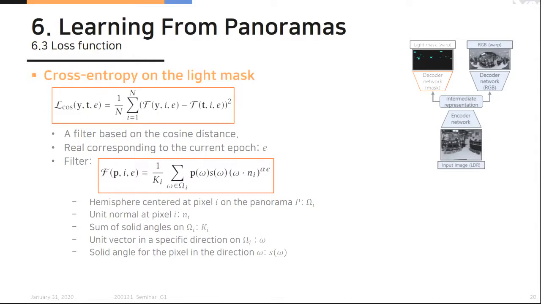The letter F represents a filter in their loss function, this one, F. And this equation represents F: omega_i is a hemisphere centered at pixel i on the panorama P, and N_i is the unit normal at pixel i, and K_i is the sum of solid angles on omega_i. And this small omega is a unit vector in a specific direction on big omega_i.